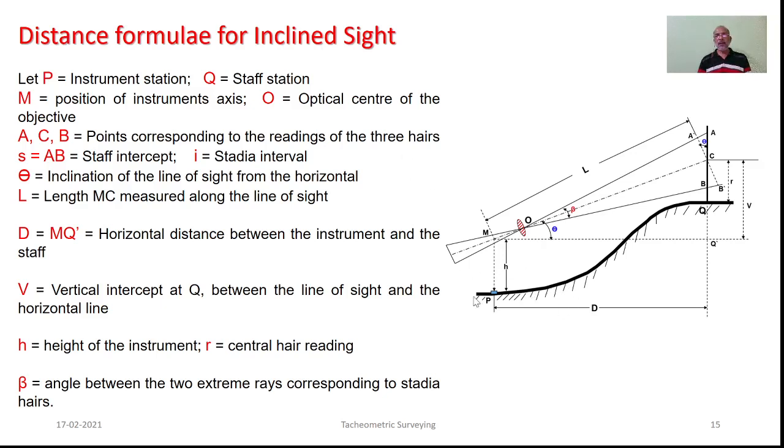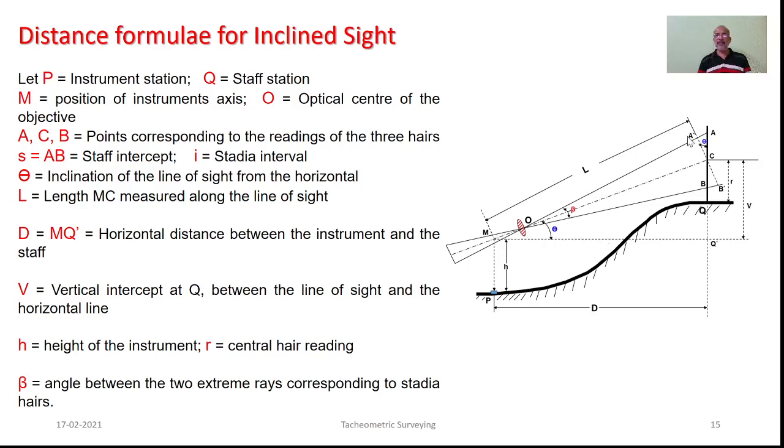Here, P is the instrument station, Q is the star station, M is the position of the instrument axis, O is the optical center of the objective, A, C, B are the points corresponding to readings of the 3 hairs, S is the star intercept, I is the stadia interval, theta is the inclination of the axial hair with respect to the horizontal plane.